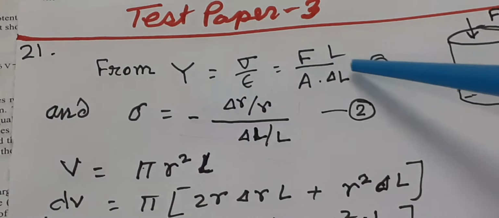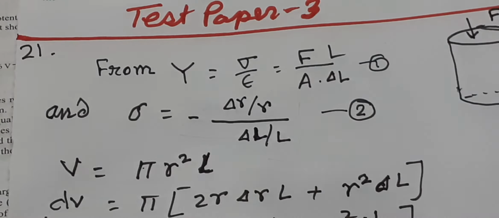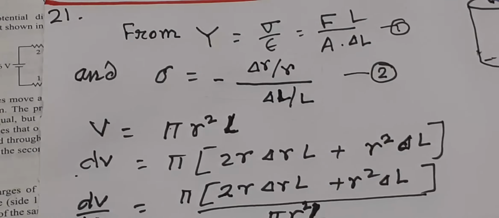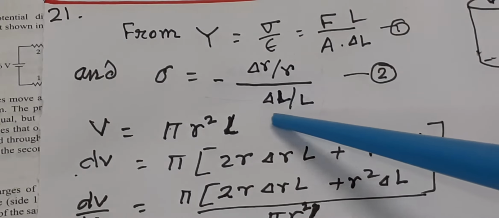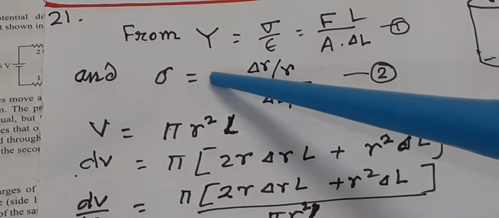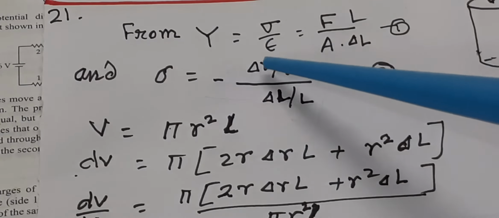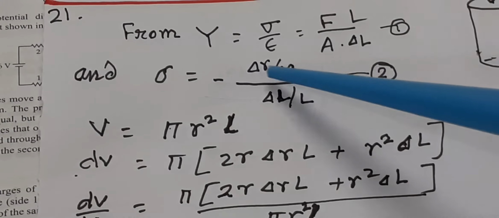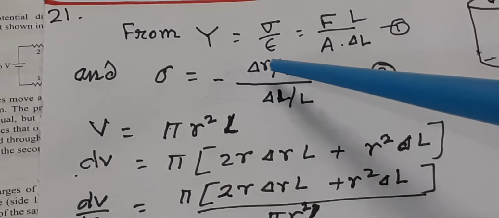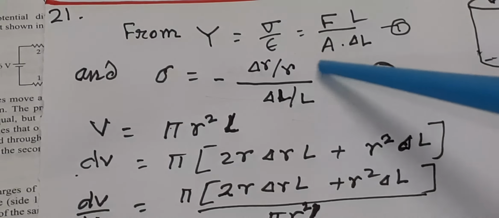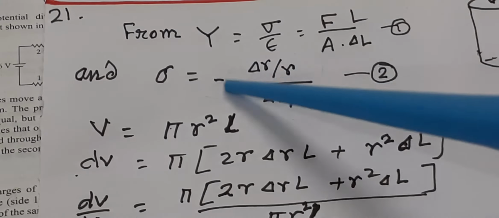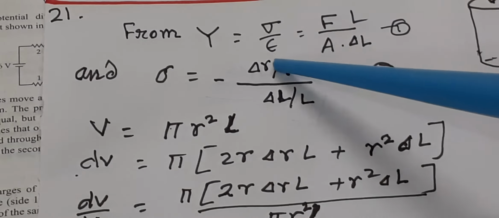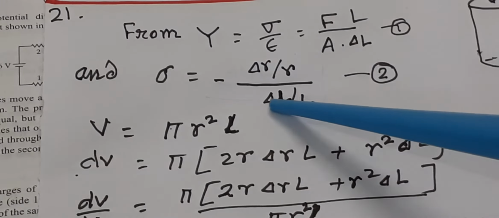Then this is the relation, and we know the fundamental definition of sigma, I mean Poisson's ratio, will be lateral strain over longitudinal strain, and the minus sign is always there. If length increases, diameter or radius will decrease. In this case, because compression is taking place, the diameter will increase, radius will increase, but length will decrease.